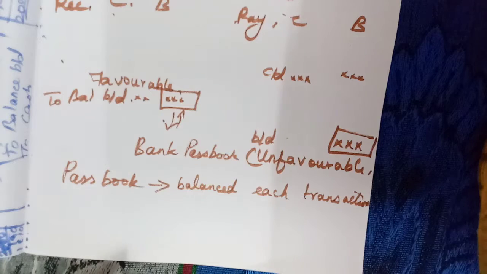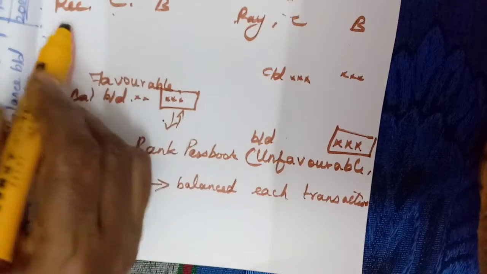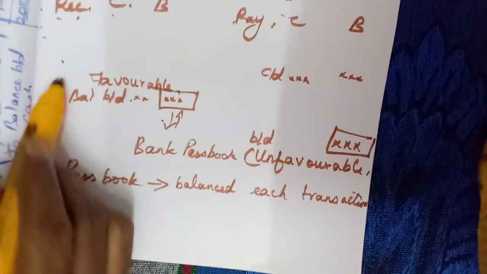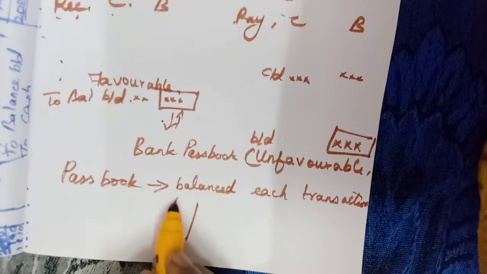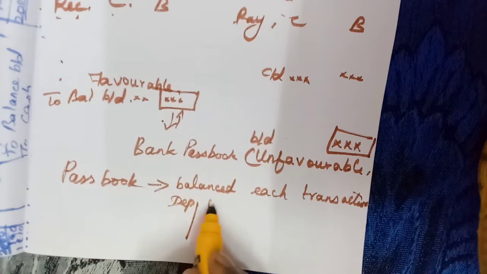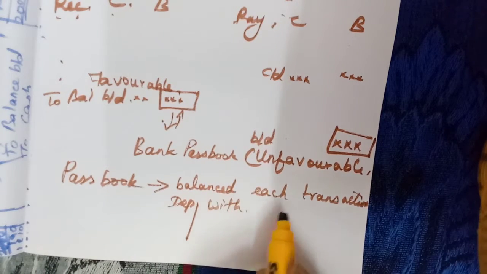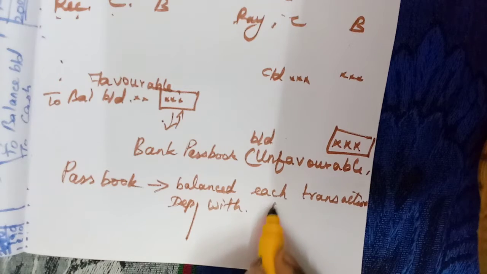the balance amount. So here, receipt we are debiting. Here in the passbook it is like a statement only. They will show deposit, then withdrawal, then balance.